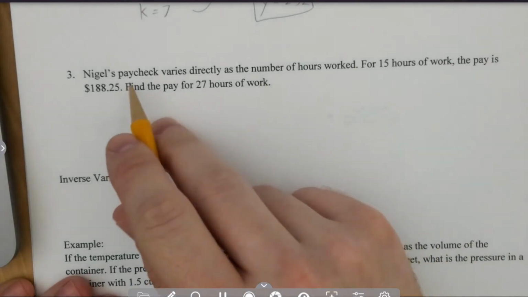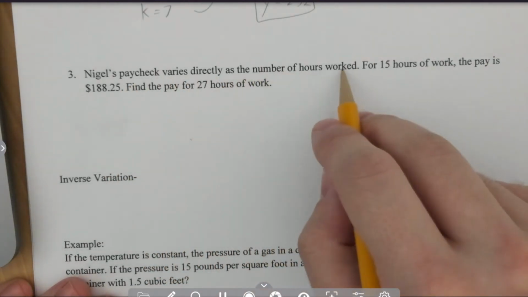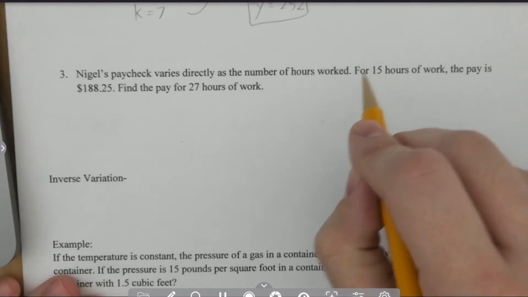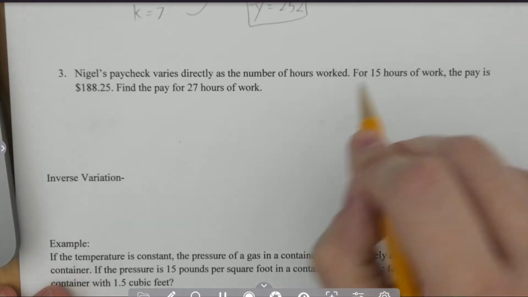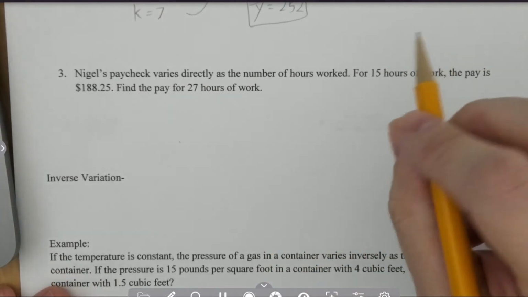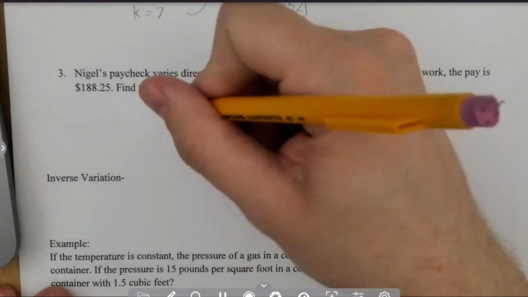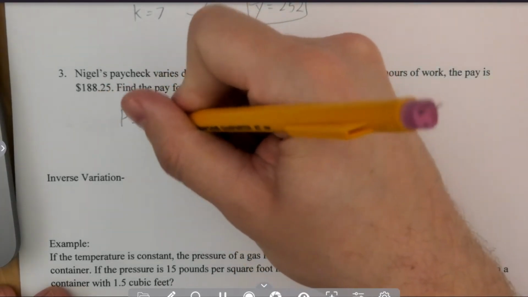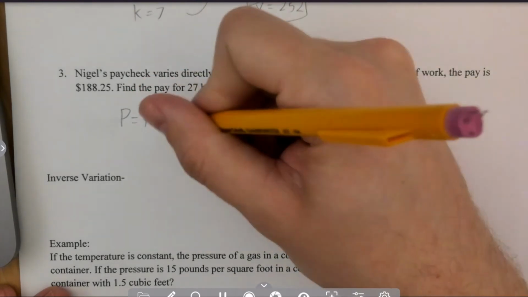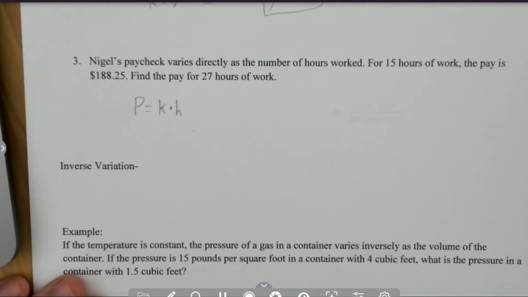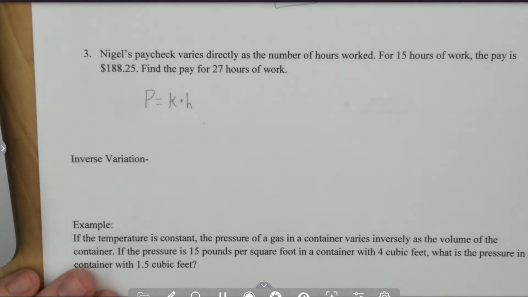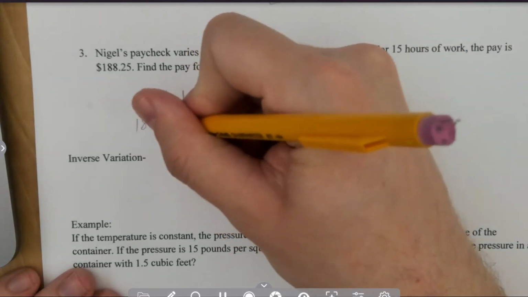Nigel's paycheck varies directly as the number of hours worked. This is a real-life application that actually makes a lot of sense. So paycheck varies directly as hours worked. It says for 15 hours of work, the pay is $188.25.